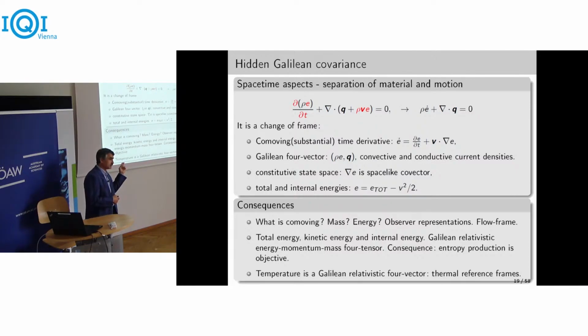It also looks like internal energy moves together with the fluid, and total energy is from the point of view of an external observer. Actually, it is also a transformation rule, but to introduce that, you need a more complicated mathematical representation of the whole continuum mechanics.